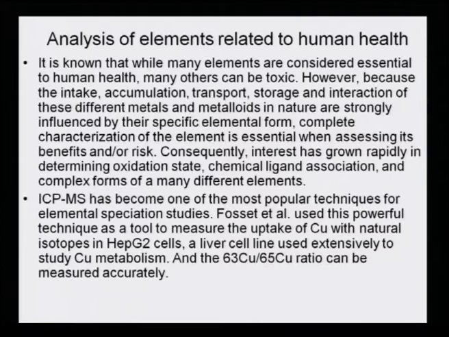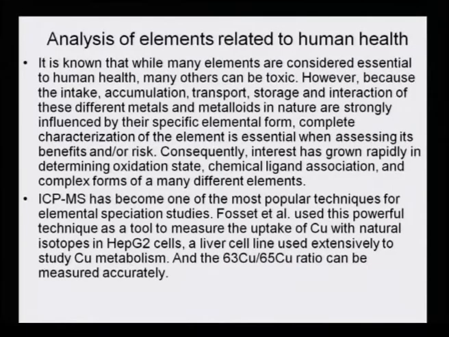So, you see, how do we understand that a particular element is our friend or a particular element is a toxin and is our enemy? It is through these very precise analytical methods that one is able to know that a particular quantity is helpful for human health and otherwise it is a toxin for human health.